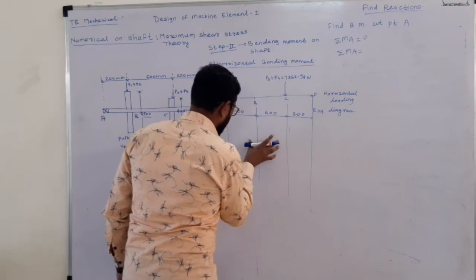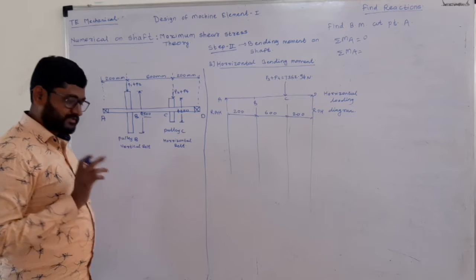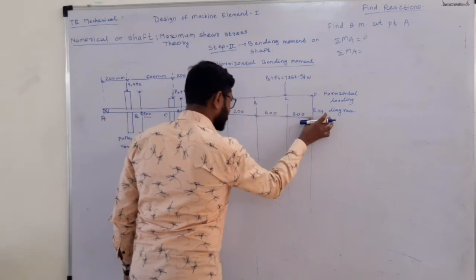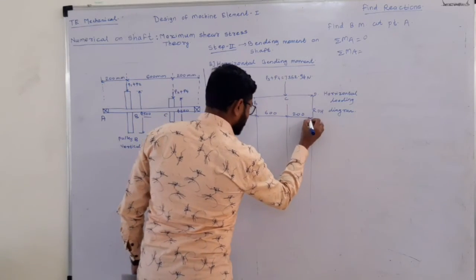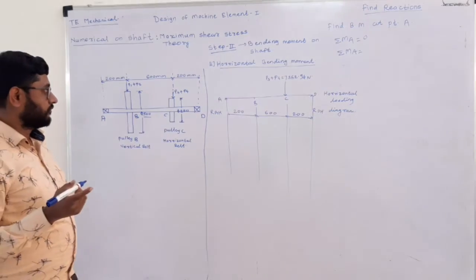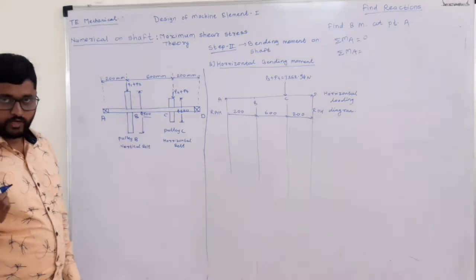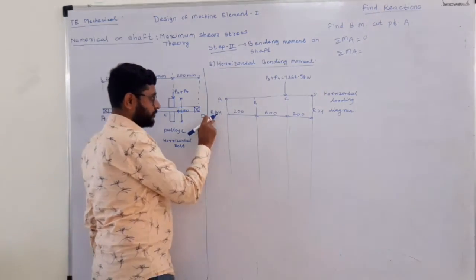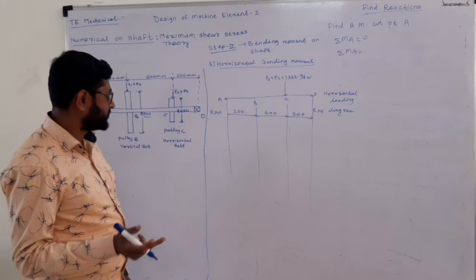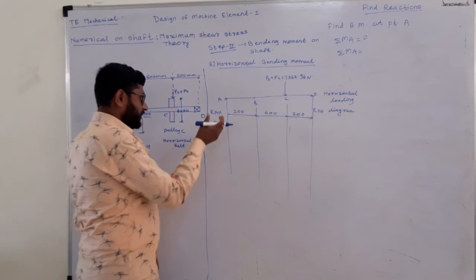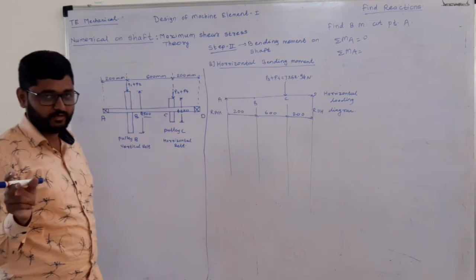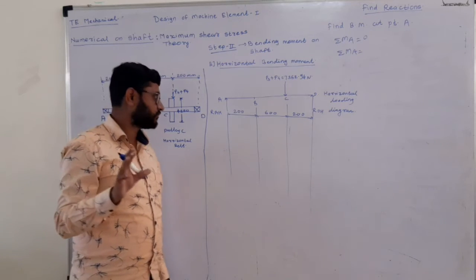So students, the first step is to calculate reactions, which we have already discussed in the vertical loading diagram. How to calculate reactions at point A and at point D. First step is to take bending moment at point A, and second step is to consider all vertical forces is equal to 0.